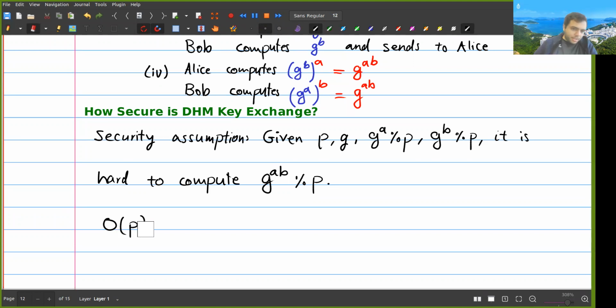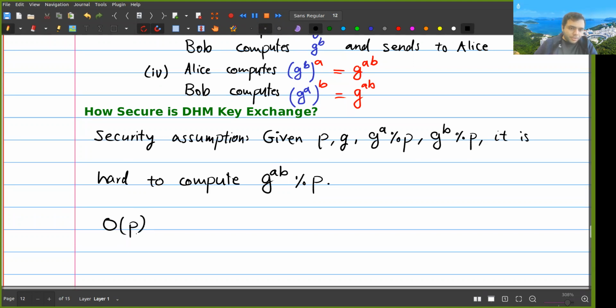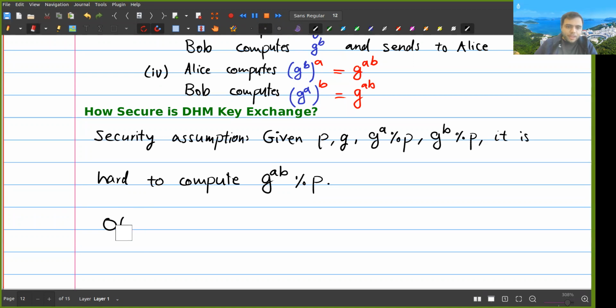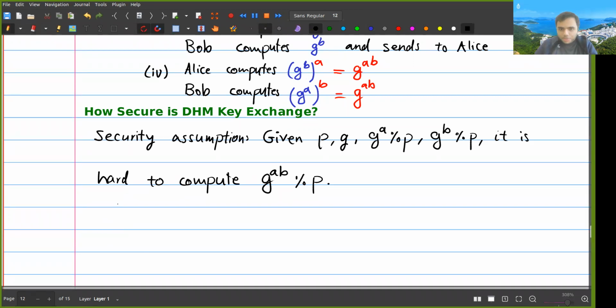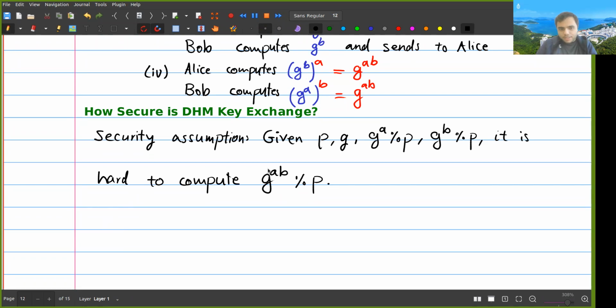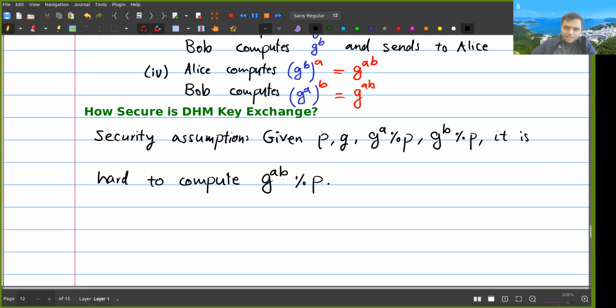And P is a huge number. So I don't have enough time in the universe to do this kind of thing. Actually, there are much better algorithms for doing this, but still we don't have an algorithm that is fast enough. So right now, as of the time of this lecture, this is secure because we don't have an algorithm that, given these numbers, can compute this one.